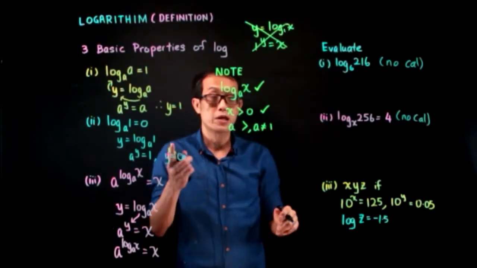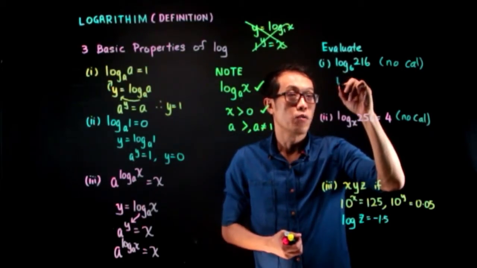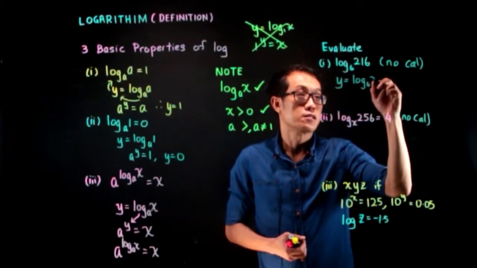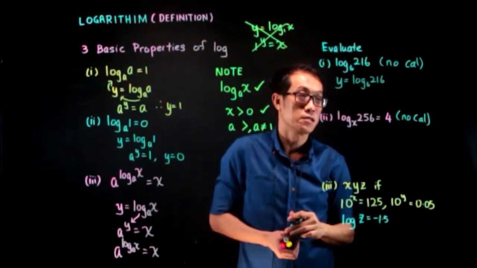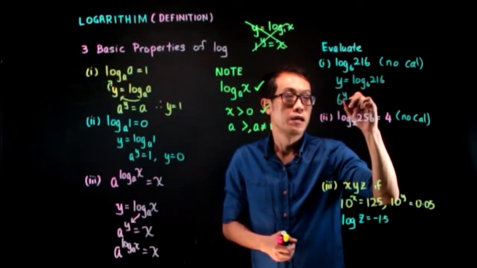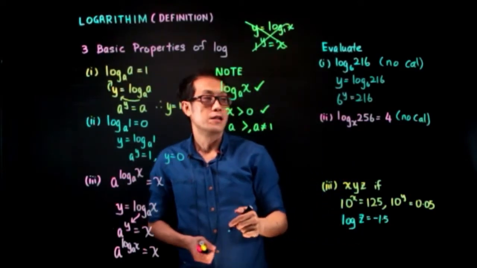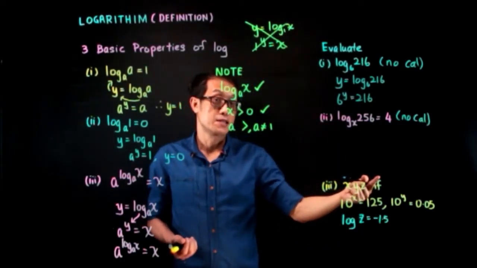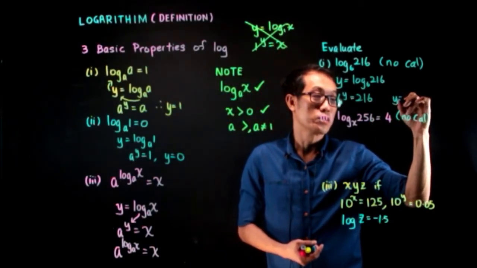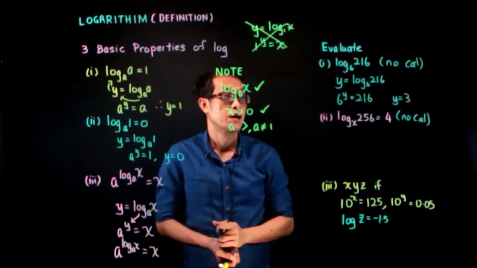So same thing, we will be using the basic definition of log. Let's say y is equal to log 216 to base 6. Now 6 to the power of y is 216. 6 times 6 times 6 is 216, so y equals 3.